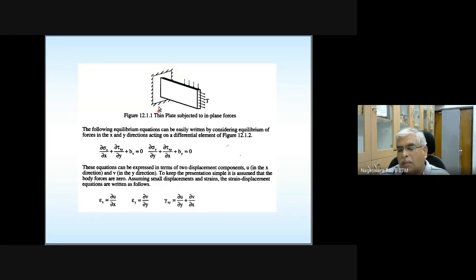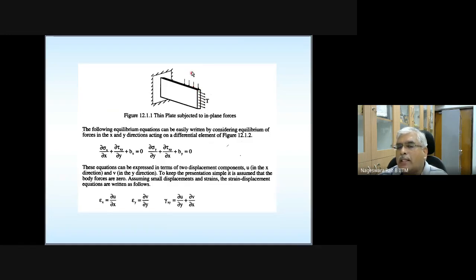The structural member is fixed here, and the structural member has dimensions. You can see the dimensions: the length of the member in this direction, the width of the member, and the thickness. So all three dimensions are there, even though thickness is small compared to the other dimensions. One end of this member is fixed here, and you can see how the loads are applied.